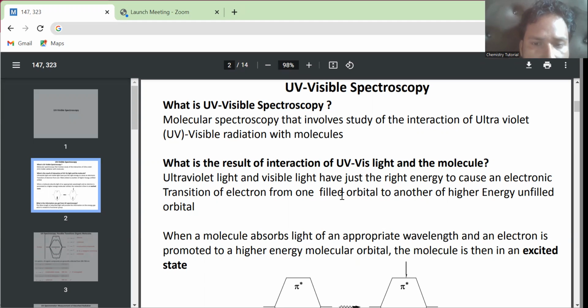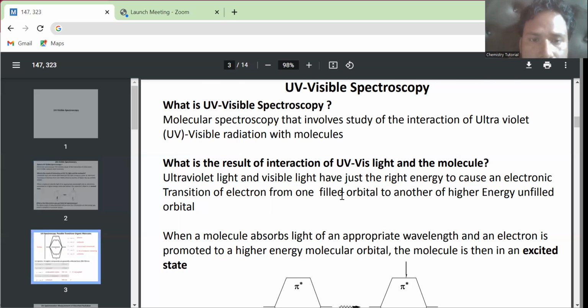So first, the process is interaction of UV radiation with molecules, resulting in electronic transition of an electron, with the appropriate wavelength of visible light. During this interaction, the electron is promoted to a higher energy molecular orbital, and the molecule is then in the excited state.